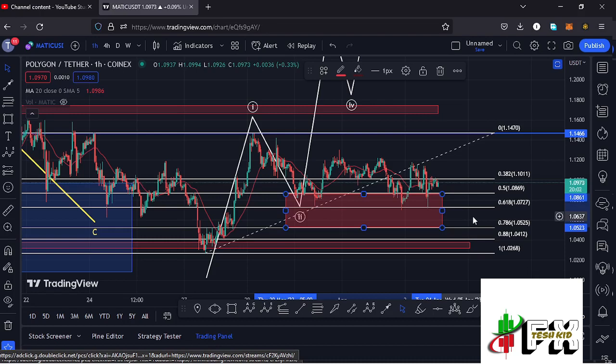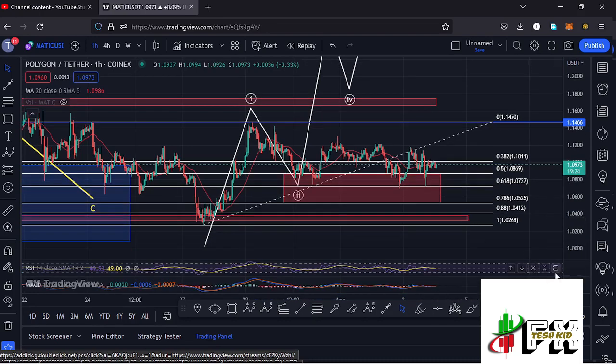So in case the breakdown continues, then we need to watch the area between the fib level 0.5 and the fib level 0.78, because as long as we are holding within that target area, then there are high chances that soon we are going to bottom out, see a reaction of the target area, and start an impulsive wave to the upside in the formation of that wave 3 to give us a high in that wave 3 before we can expect a wave 4, then continue seeing that wave 5 to the upper side in the formation to complete an even larger Elliott wave count 3 to the upper side. So that is what I'm expecting here on the short-term scenarios.